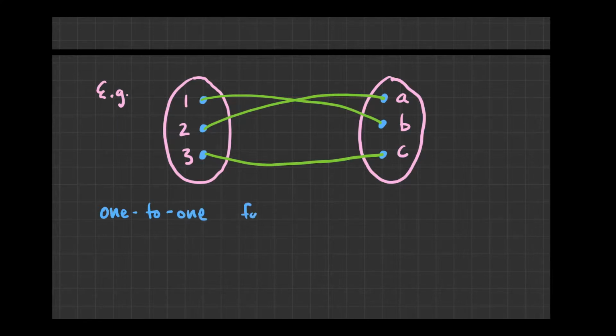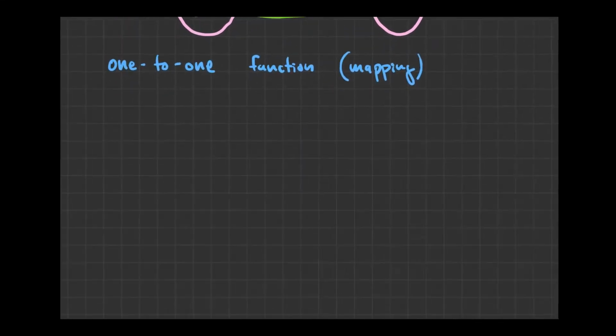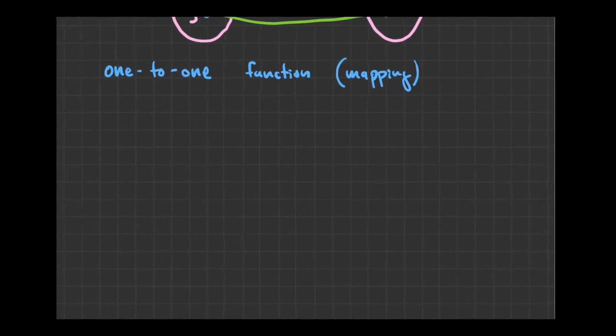A one-to-one function. Sometimes I like to call it a mapping, sometimes I call it a function. It means the same thing. So we have kind of a hierarchy of relations. So we have these things called relations.